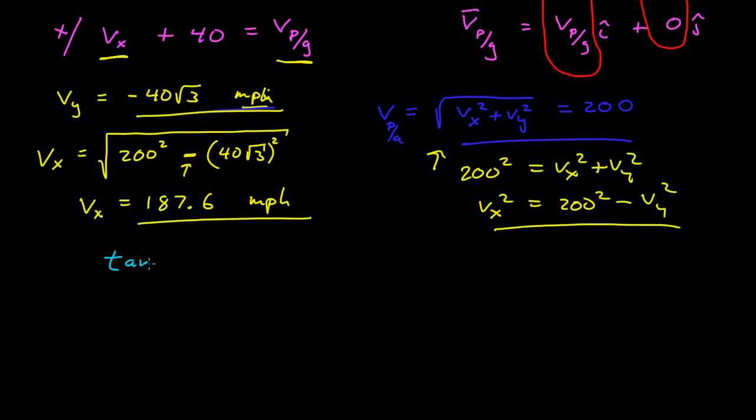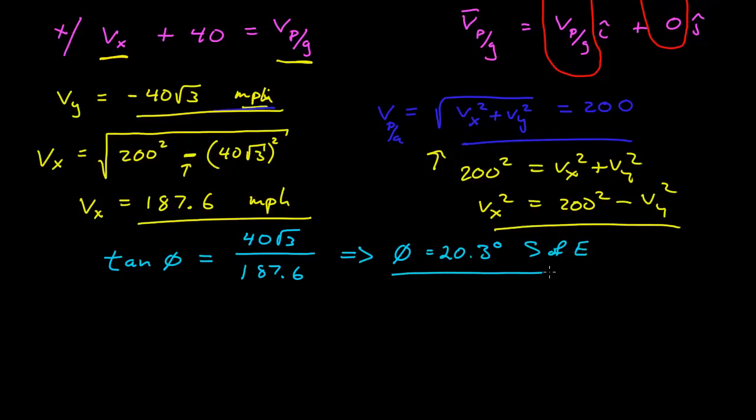I know that tangent of phi is equal to the magnitude of the y component, 40 square root of 3, divided by the magnitude of the x component, which is 187.6. I put that into my calculator and I get a phi of 20.3 degrees south of east. Okay, so that's the direction that I need.